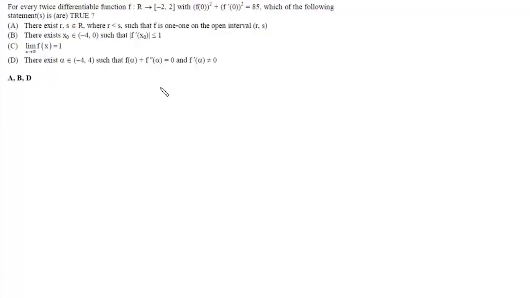Now here the question is, for every twice differentiable function f from R to [-2, 2], and we are given this condition that f(0) squared plus f'(0) squared is equal to 85, which of the following statements is or are true. Now we know that the codomain for this function is from minus 2 to 2.